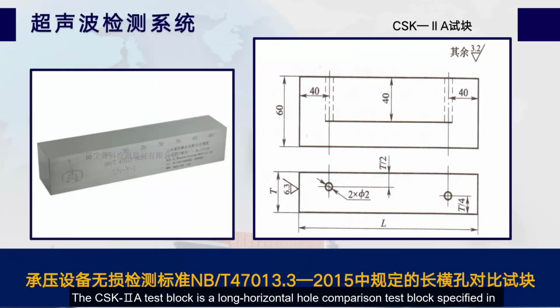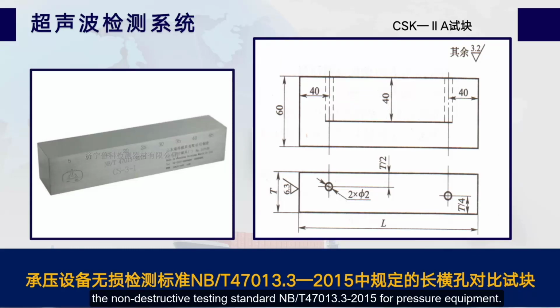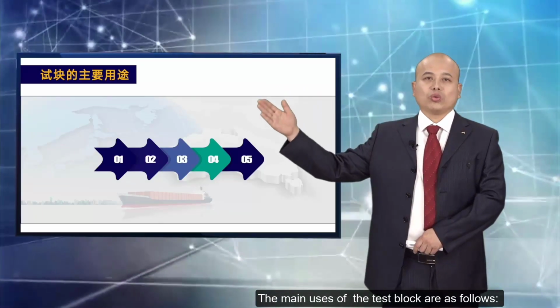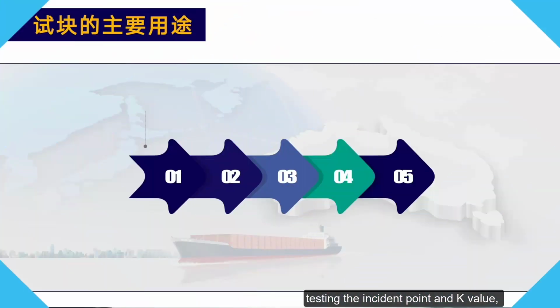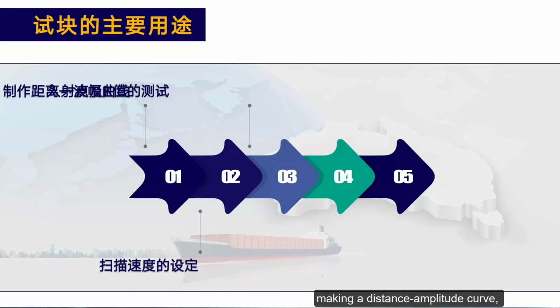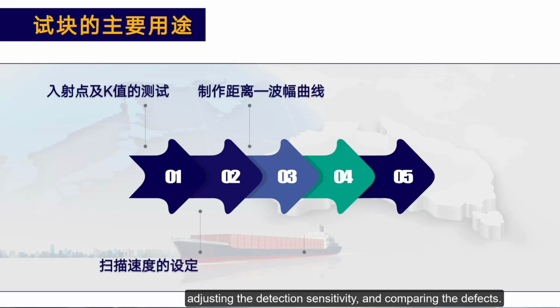The CSK-IIA test block is a long horizontal hole comparison test block specified in the non-destructive testing standard NB/T 47013.3-2015 for pressure equipment. The main uses of the test block are as follows: testing the incident point and K value, setting the scanning speed, making a distance amplitude curve, adjusting the detection sensitivity, and comparing the defects.